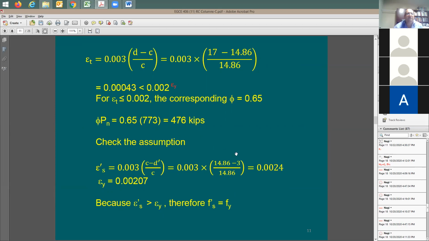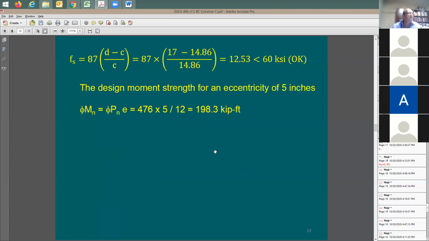What's the relationship between phi Pn and phi Mn? Anyone recalls? Say it again. Who is this? Ramin? e times phi Pn. All right, Ramin. So let's check this out. phi Mn equals phi Pn times e, and your eccentricity is only 5 inches.